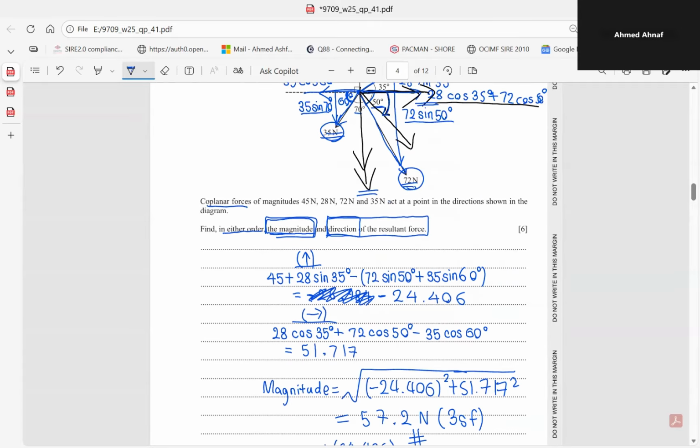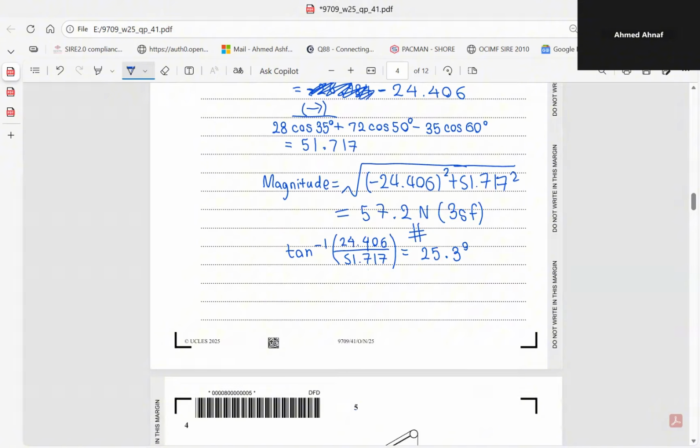We have to put a complete description. So we can say the resultant force is at an angle of 25.3 degrees clockwise relative to the left side.